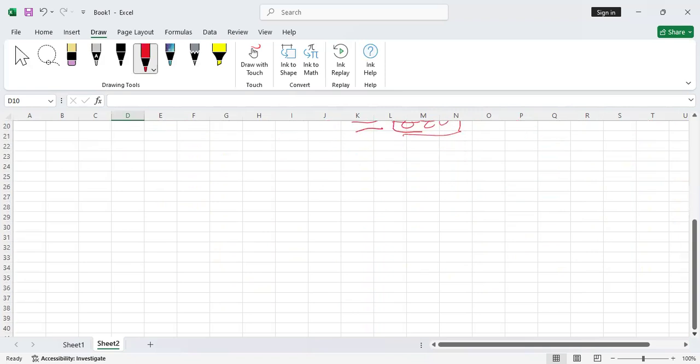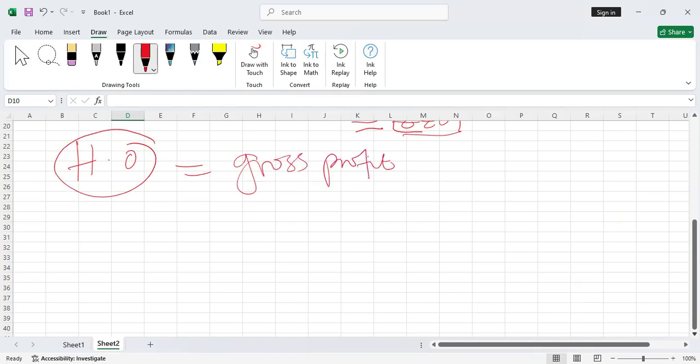Now, we are going to work with, for the head office, we determine the gross profit. Sales by head office to outside customers equals to what? Read from the question.